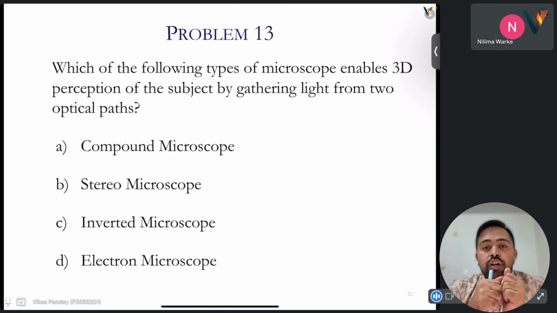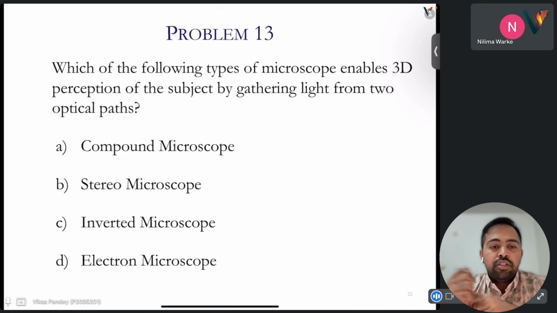Which of the following types of microscope enables 3D perception of the subject by gathering light from two optical paths? Is it compound, stereo, inverted, or electron microscope? It is saying 3D perception of the subject.